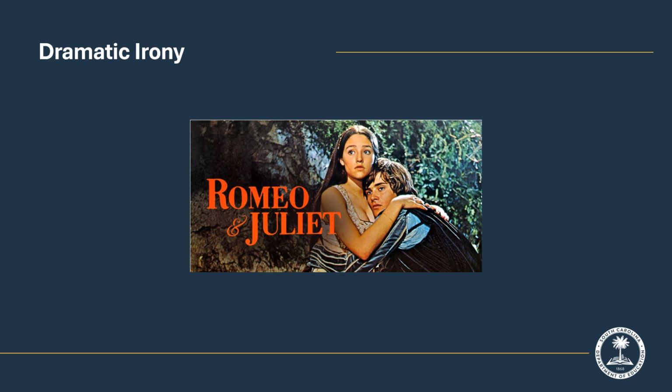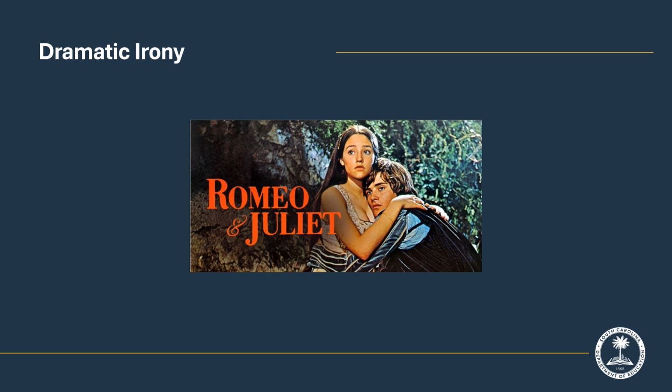One example of dramatic irony in Romeo and Juliet is when Juliet drinks the potion that makes her seem to be dead. We, the audience, know that she is not dead, but in a deep sleep. When Romeo finds her, he does not know that she is in a deep sleep, and he believes she is dead.